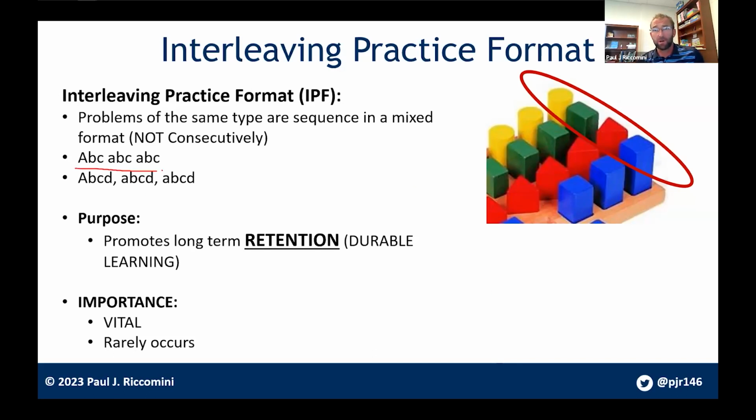And I see some folks have heard of this and are using it, which I'm so happy to hear, because we've got to get this out into the math world, and it's slow going for some reason. But what you want to give kids, and this is kindergarten through 12th grade, AP kids, honors kids, college kids, basic kids, every kind of kid, is practice opportunities where they're going to do different problems in a row. So like ABC, ABC, ABC, or ABCD, ABCD.